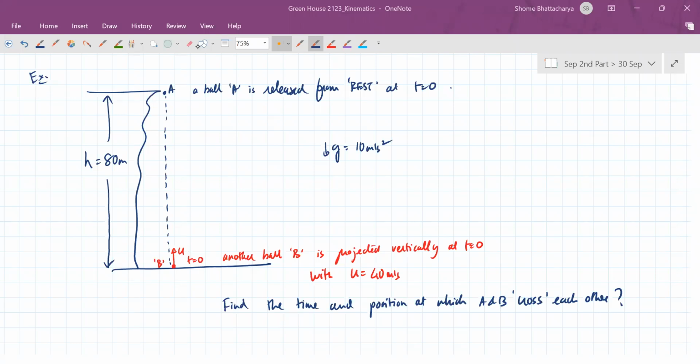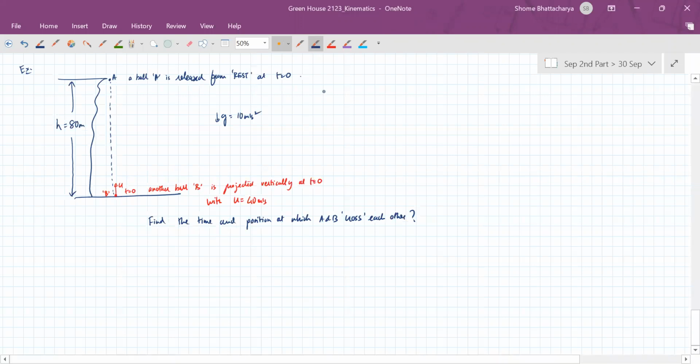Yes, very good. The answer is correct, Siddharth. Now see, one very interesting thing we can do in a problem like this is taking the common reference frame like this. We can see that the initial velocity of A is 0.